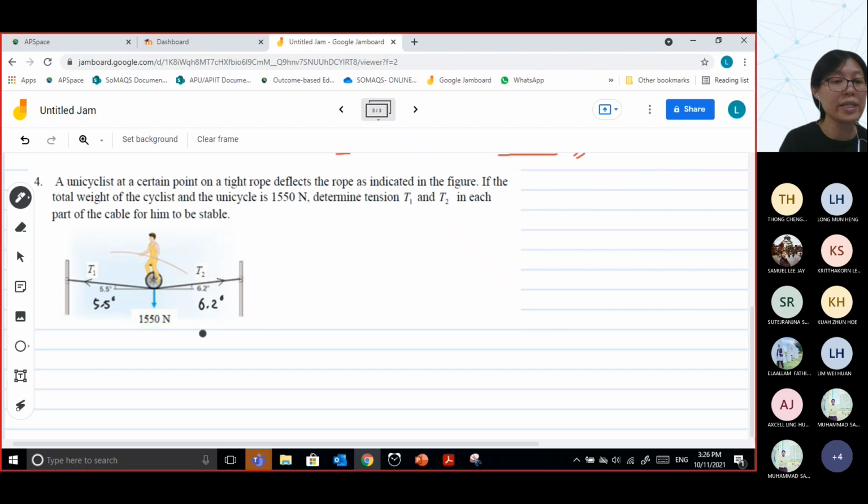Can you please do it now? Later you can post your solution, else I will also ask someone to post a solution. I give you 5 minutes. Let's try question 4. The concept is the same as what we did in the slide and also the earlier question. Let's do it now.